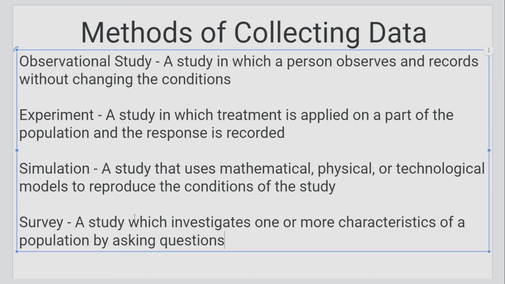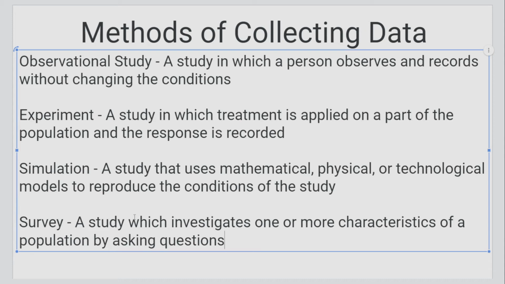Can I do an observational study? Yes, but in an observational study, I cannot ask someone to start drinking coffee. And so whoever I choose to watch, I need to just sit there and wait until they start drinking coffee and then record the results. And so an observational study would probably not be the most efficient way to collect this data.